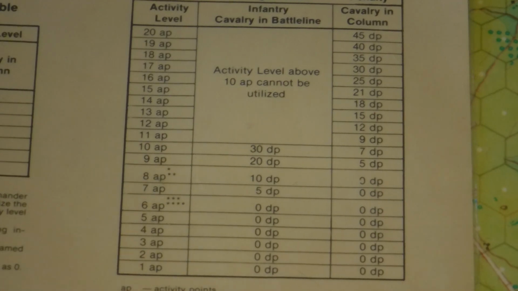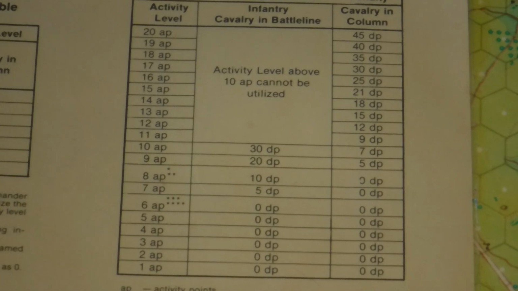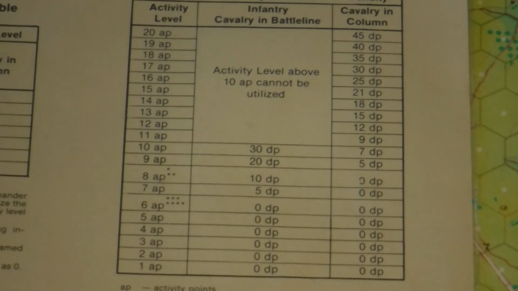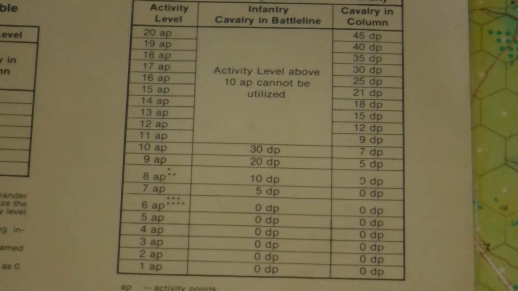And according to the information below the chart, one asterisk means fixed activity level for commanders, levels 1, 2, 3. And of course there's other asterisks for artillery, horse artillery, as well as fixed activity level for advancing brigades. So we have 8. I'll take that out.